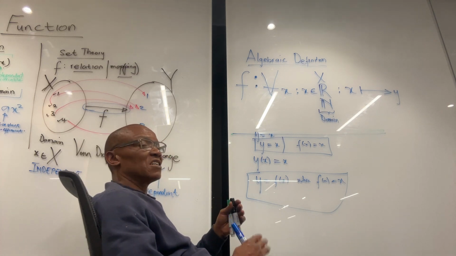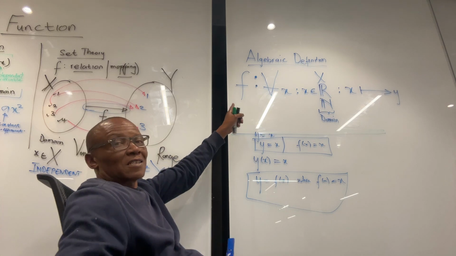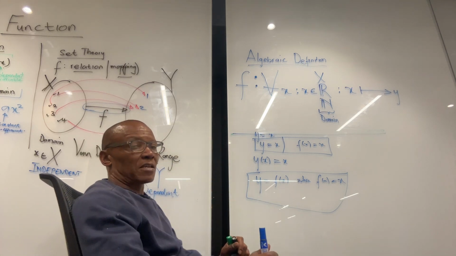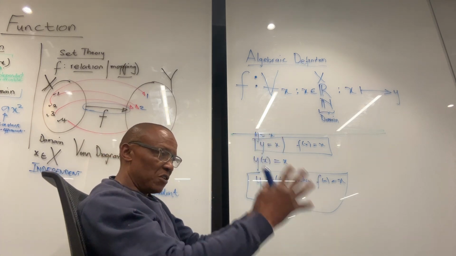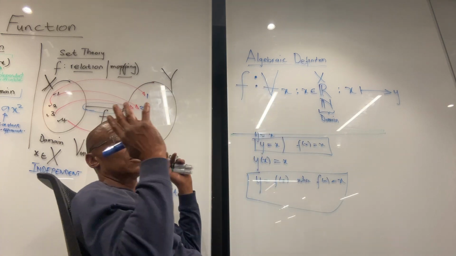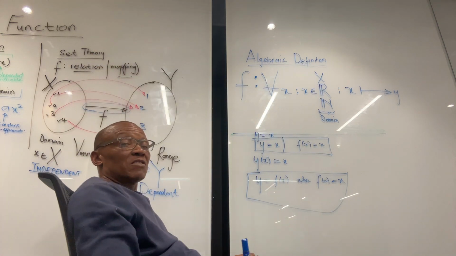The formal definition in mathematics is that it's a function in terms of x that relates the values of the domain to produce the values of the range.